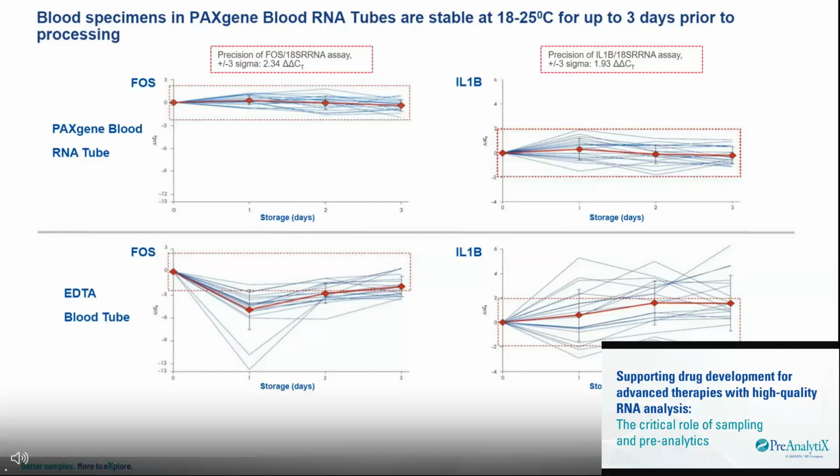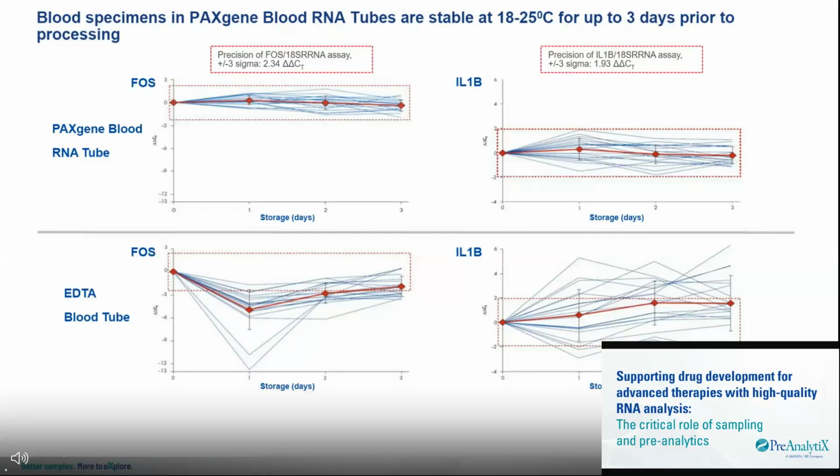As you can see, all delta-delta CTs of the PAXgene samples stayed within the method's precision of both assays. The method's precision limits are indicated with red dashed lines here, and each individual data point is within this range of acceptable data. For unstabilized samples, however, we saw significant transcript level changes.